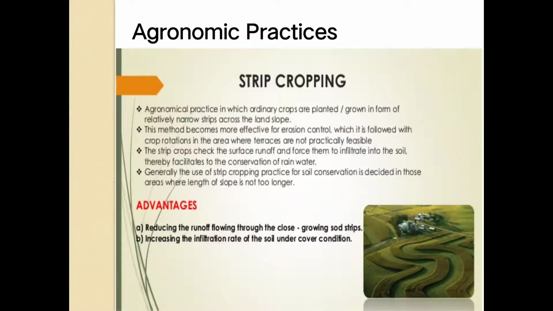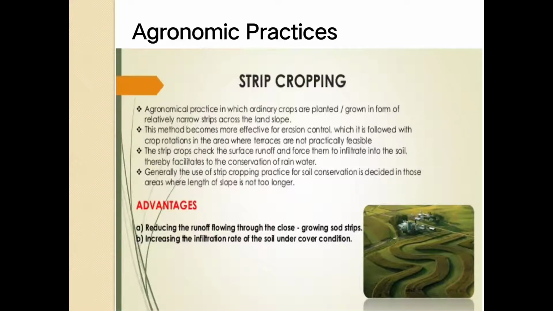The strip cropping method is helpful. The strip crops check the surface runoff and force it to infiltrate into the soil. So strip cropping is mostly helpful in checking the runoff water, and it helps to infiltrate the water into the soil, and thereby it facilitates the conservation of most of the rain water.